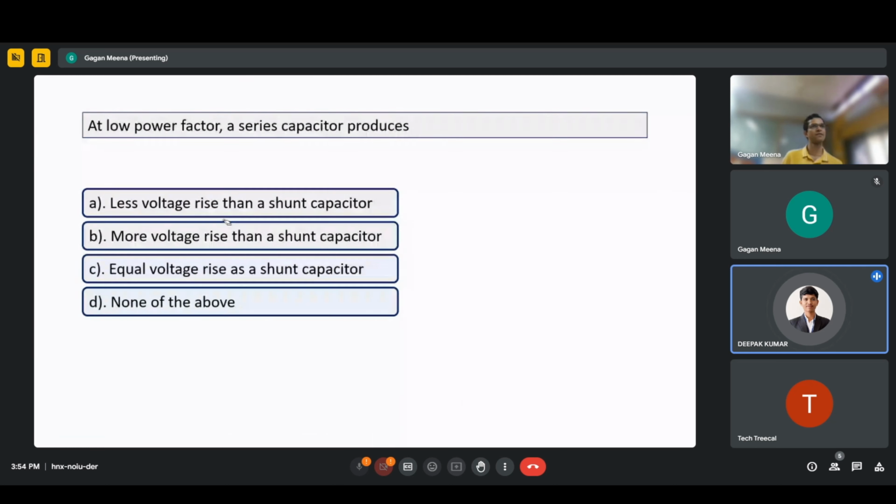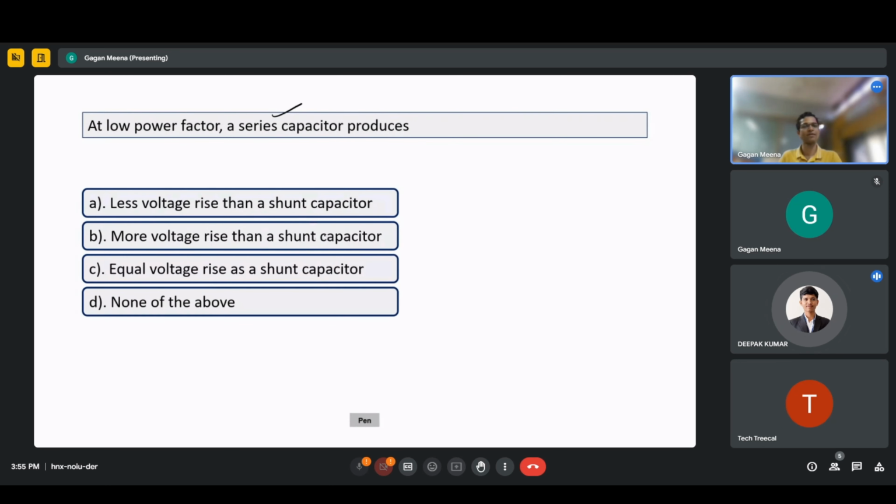Sir, less voltage rise than a shunt capacitor. Series will produce more. So series is primarily used for increasing the voltage. Shunt is mainly used for reducing the power losses.